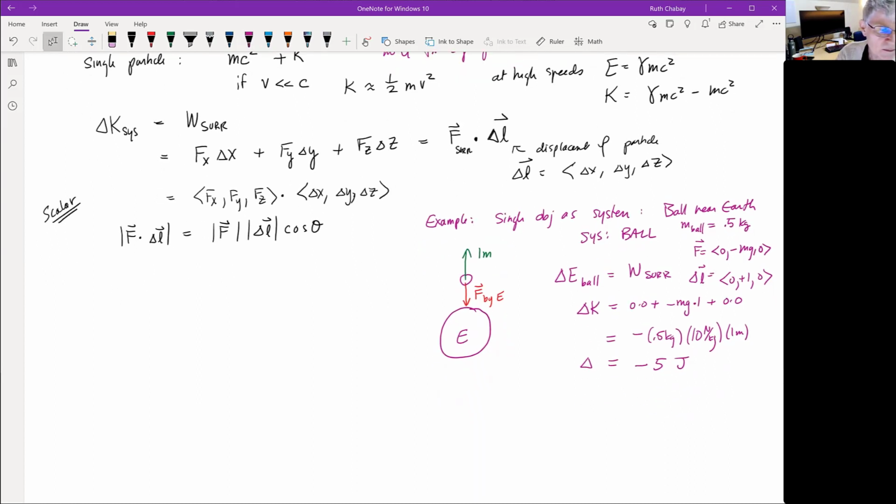So another example would be an electric force acting on something. Suppose we have an electric field in a region that's 1,000, 0, minus 2,000 newtons per coulomb.